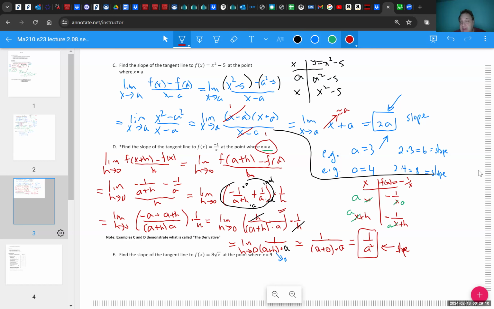That formula, the formula that gives you the slope at any particular point x equals a, is called the derivative. So you'll see a lot of times the derivative is the formula that enables you to find the slope of the tangent line at any particular point that you want to specify.